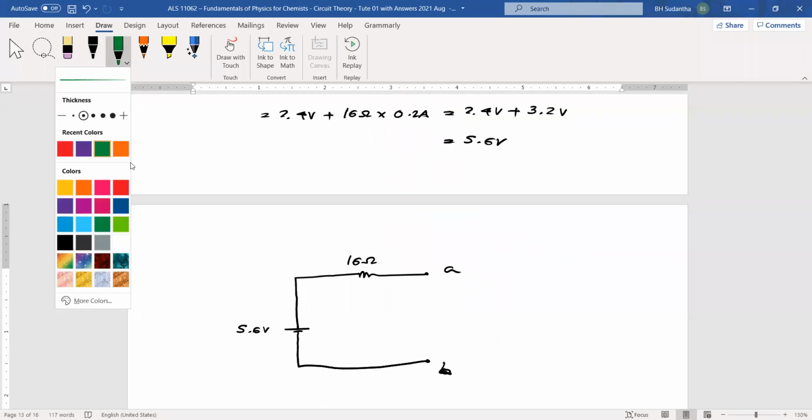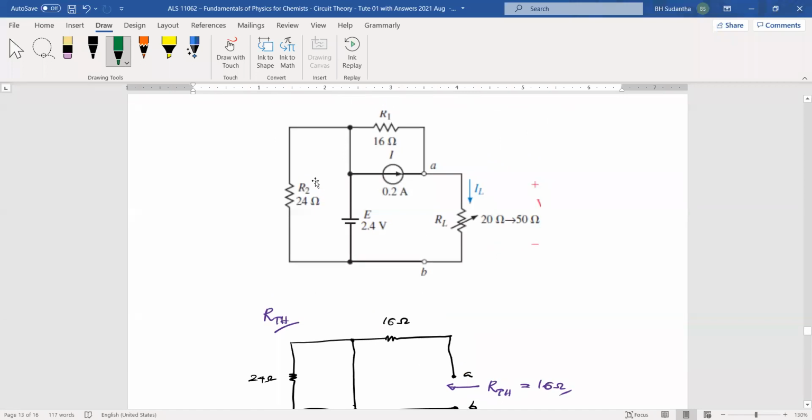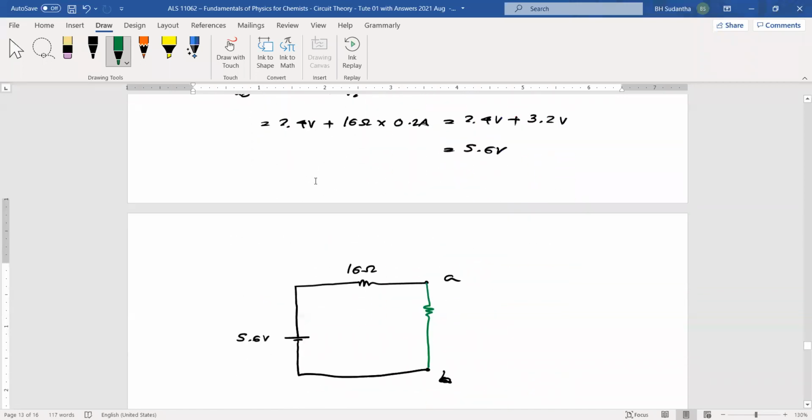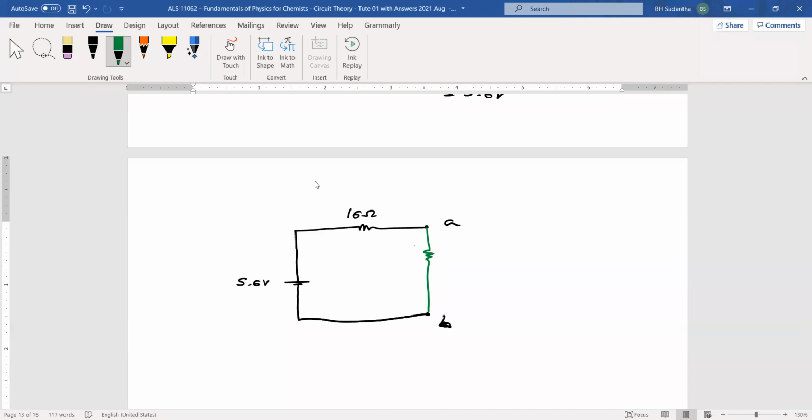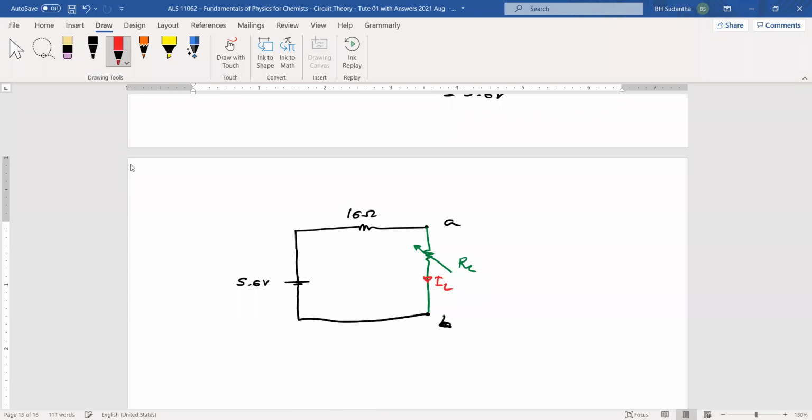And we can bring here the removed component. It's 20 ohm, 50 ohm. It's RL. And we can include it here. This is IL.